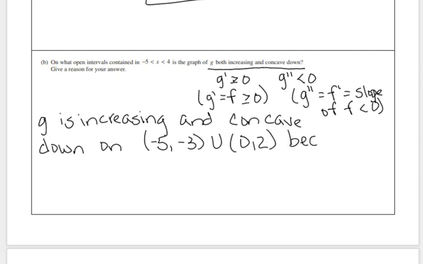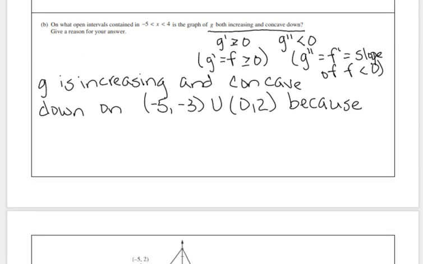This is where you have to be careful with your justifications. Normally we would just say g prime is positive, but we weren't given g prime, so we have to make sure that we relate it back to the function we were given.